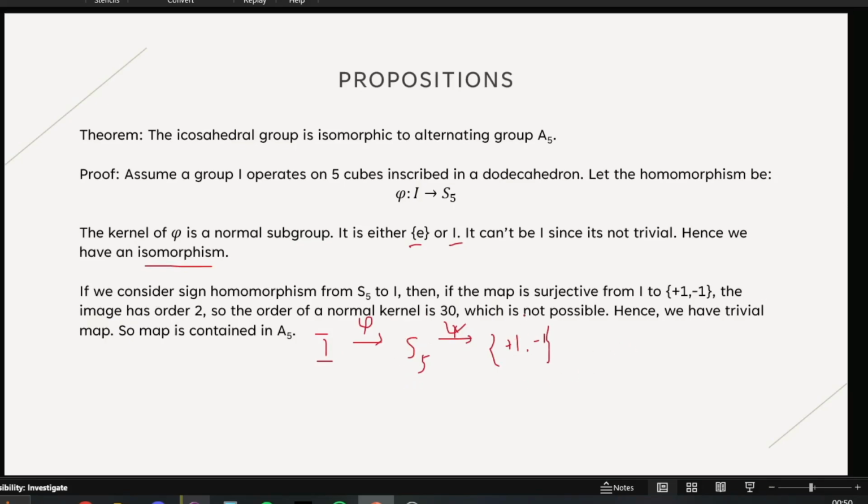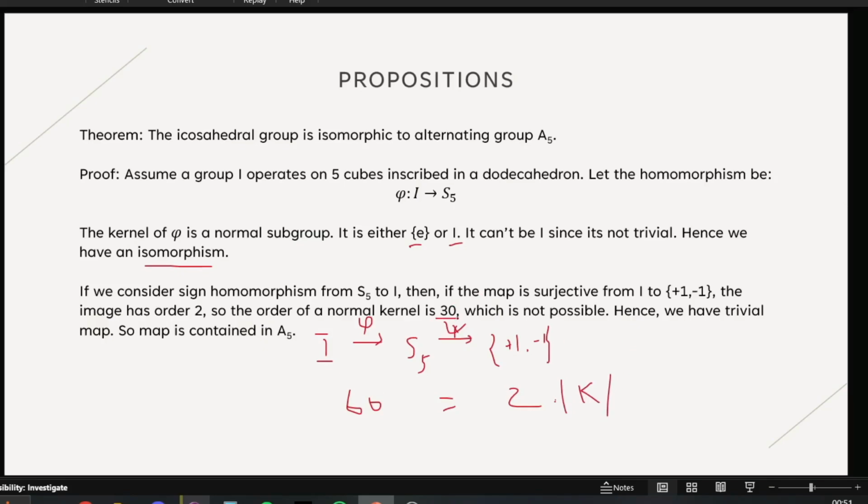If psi is surjective, then the order of the image is 2. Here the order is 60. By Lagrange's theorem, 60 equals 2 times the order of the kernel, so the order of the kernel will be 30.